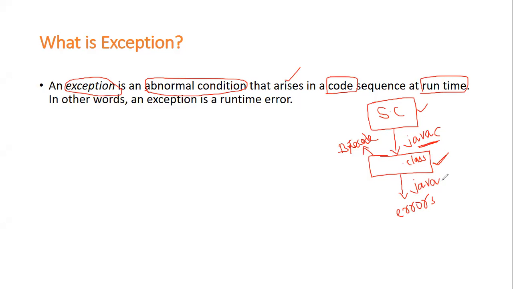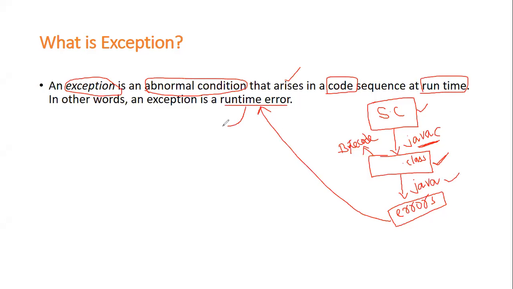But once I try to run this program, there are some errors, and we call this error a runtime error. Why we call this a runtime error is because I got the error when running the program at runtime.